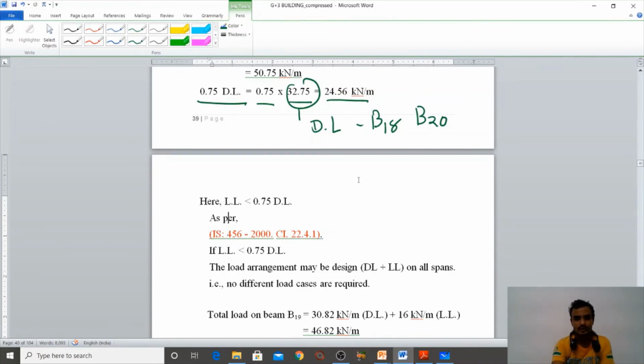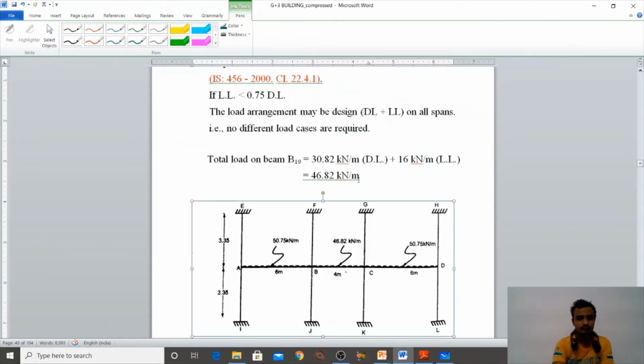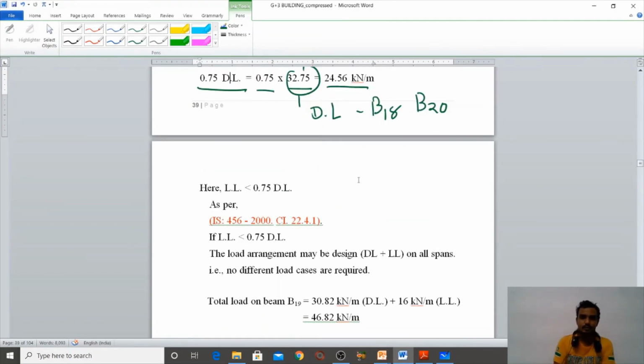And the live load value is 18, which is lesser than 24.56, so our condition is fulfilled.